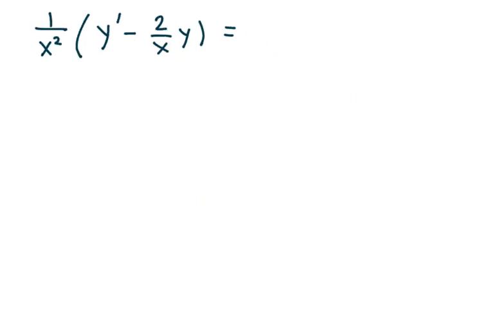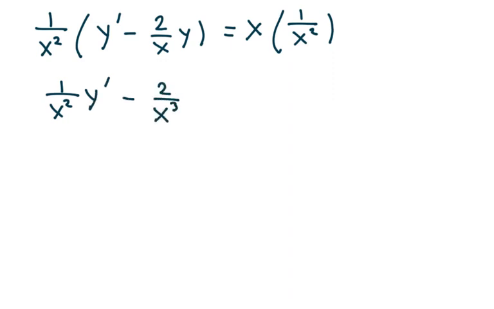So this is going to be x times 1 over x squared. So 1 over x squared y prime minus 2 over x cubed y. That's the left side. On the right side, we get 1 over x. Now, again, this is design, right?